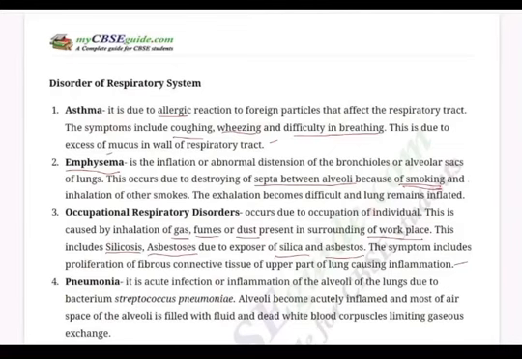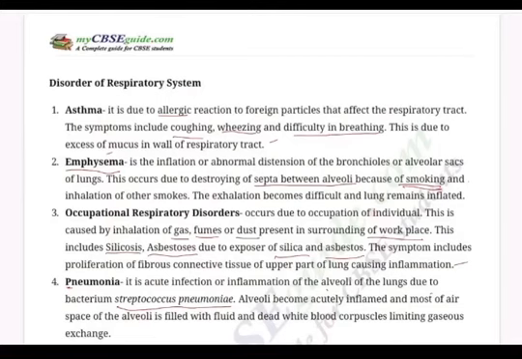And then we come to the last one, that is pneumonia. Don't say pneumonia, P is silent. Pneumonia. It is acute infection or inflammation of the alveoli of the lungs due to a bacterium, a very, very dangerous fellow, Streptococcus pneumoniae. That's how the name of the disease is pneumonia.